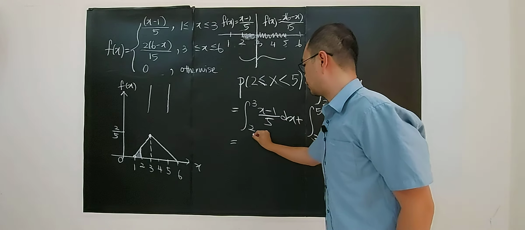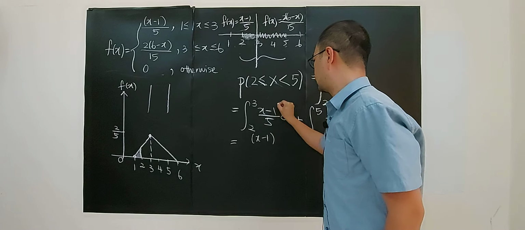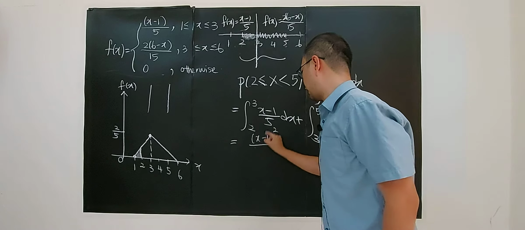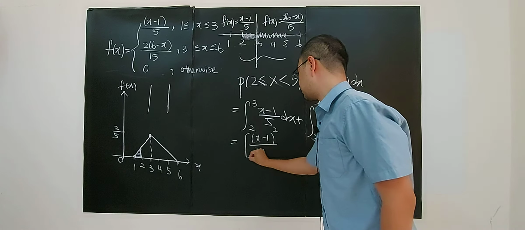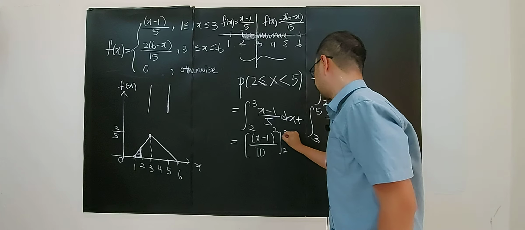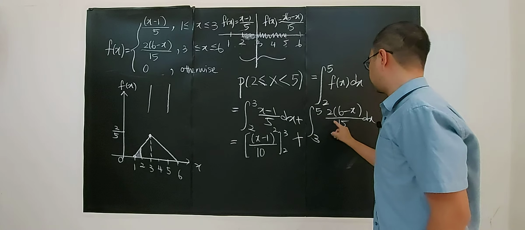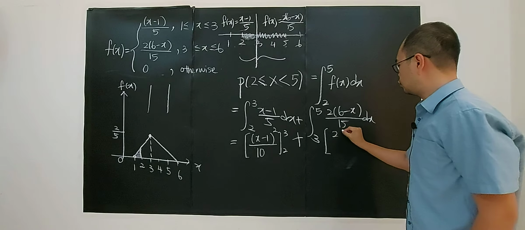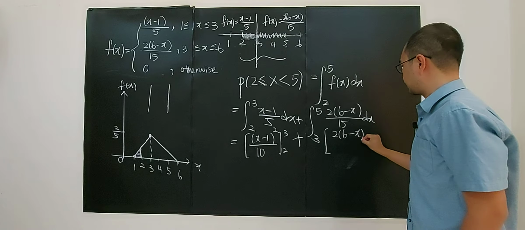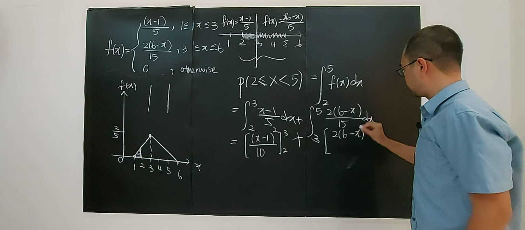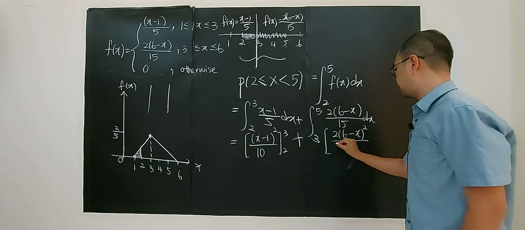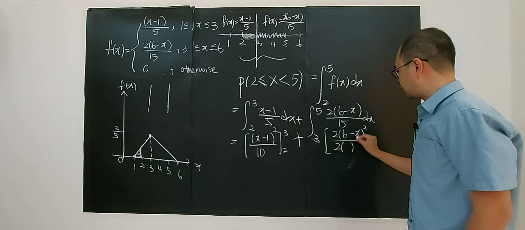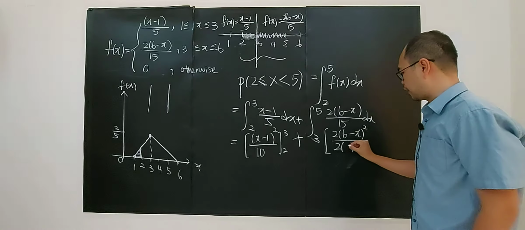So this one, if you integrate (x minus 1) squared over 2, divided by 2 times 5, you have 10, from 2 up to 3. Same thing also, integrate for this interval: (6 minus x) squared over 2, divided by 2, and don't forget to divide by the coefficient in front of x, negative 1.